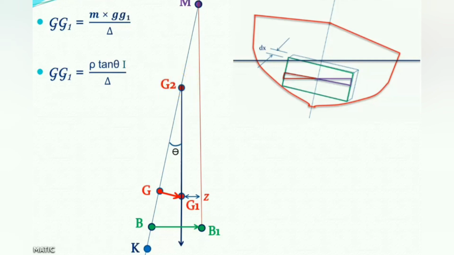That's why it is an assumption that the existence of free surfaces within the ship will be causing a virtual rise in ship's center of gravity, right from point G to point G2. Or we can also say that there will occur a virtual loss in metacentric height of the ship equal to GG2.